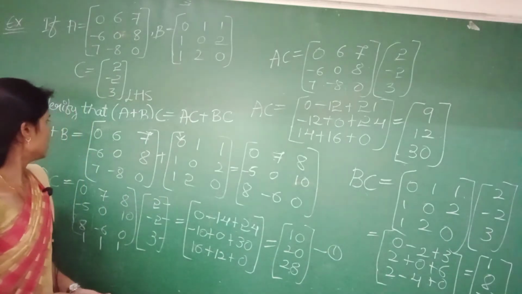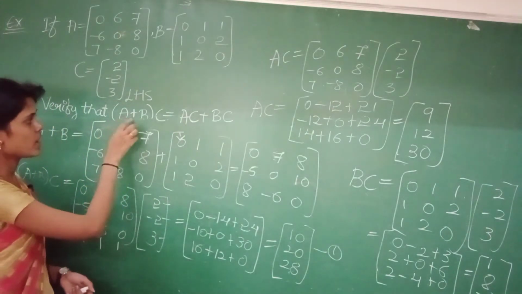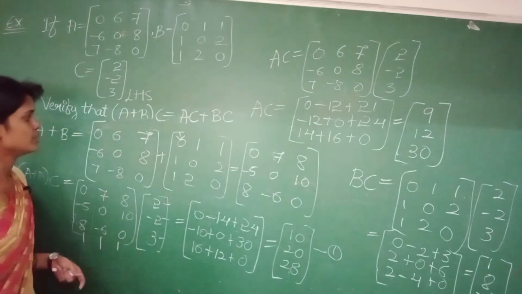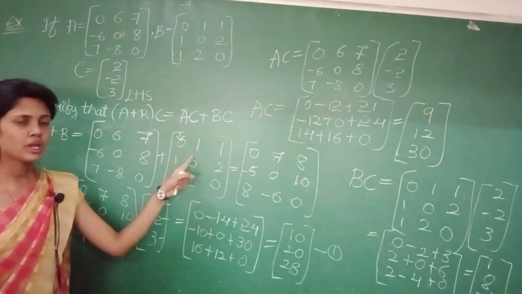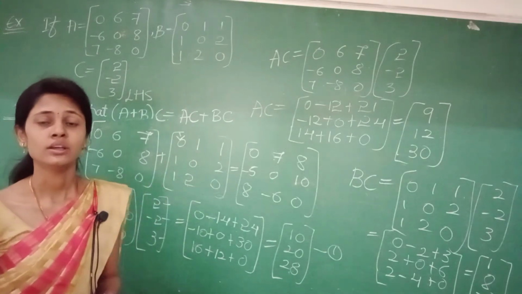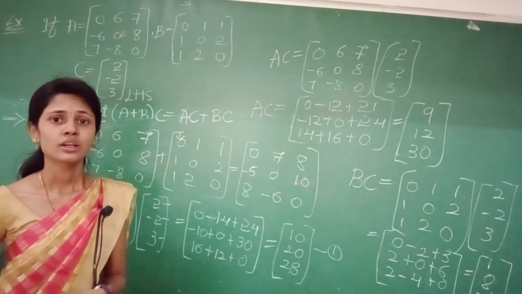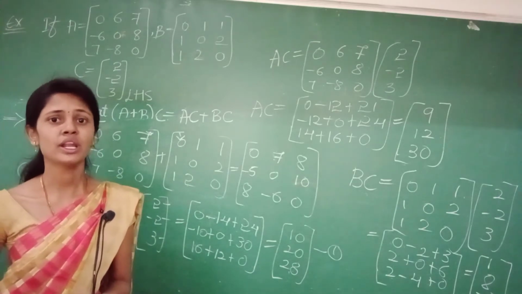So firstly, on the LHS what you have is (A plus B) into C. First go for A plus B. So write down A and B matrices. Then for the addition of two matrices you must add the corresponding elements.